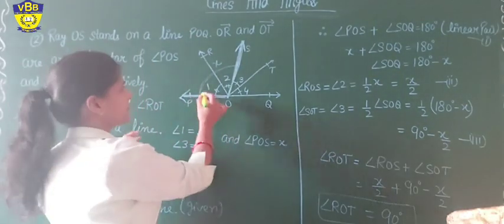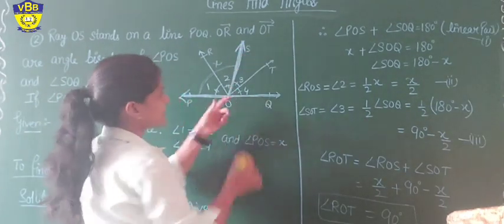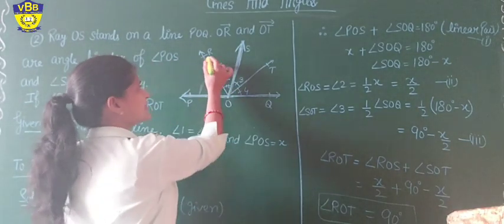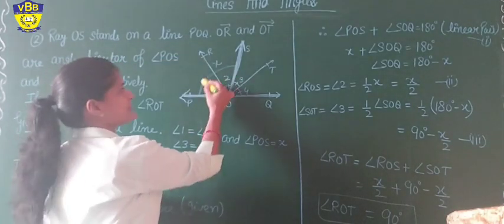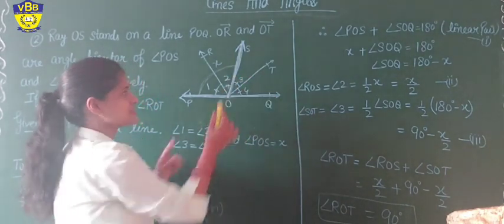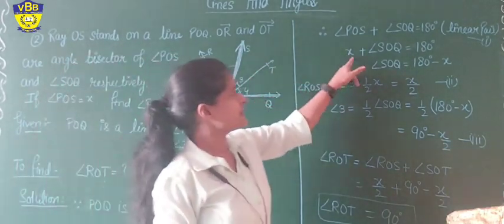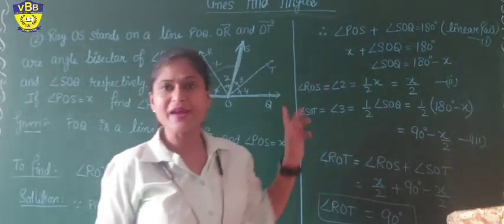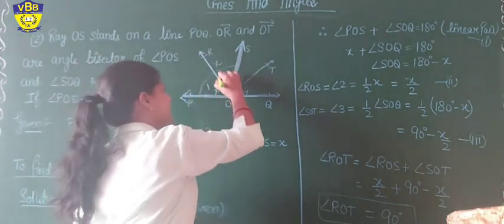When we add POS and SOQ, it makes 180 degrees, because we are not considering these rays here. One is POS and the other is SOQ, or you can say QOS. These two angles make 180 degrees. We represent this part as x, so x is equal to 180 minus SOQ; if we transpose this, x will be negative. How can we define ROS?